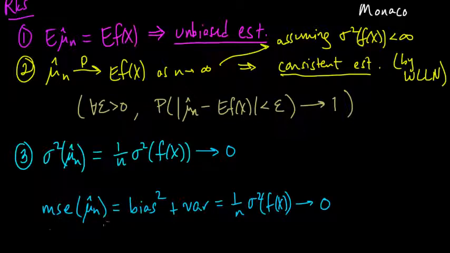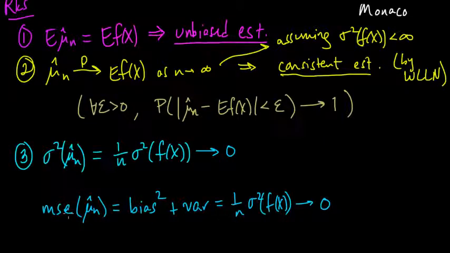So this is saying that the mean squared error, if we were to use the square loss, which would be a natural thing to do as a measure of how good or bad our estimator is, is getting very small as n goes to infinity.